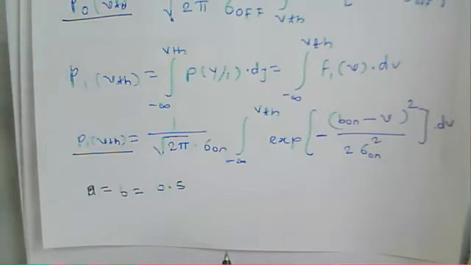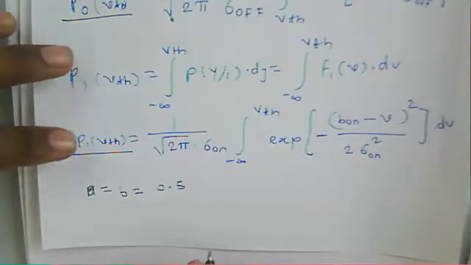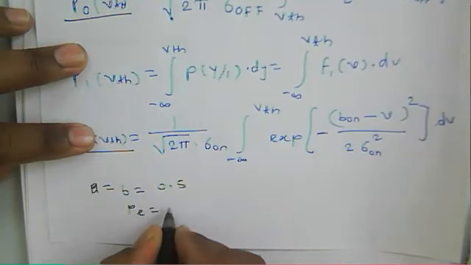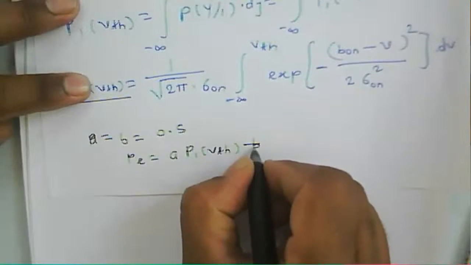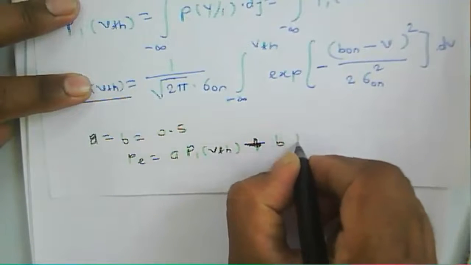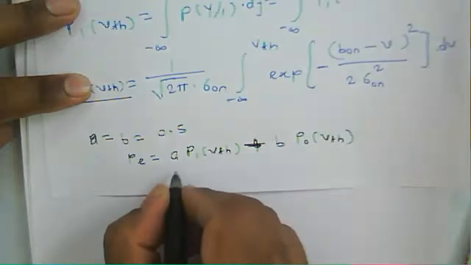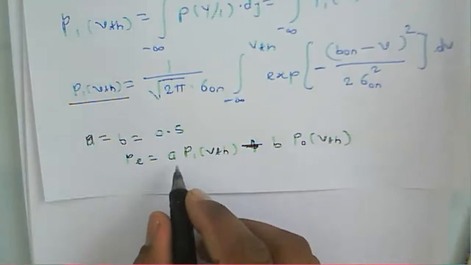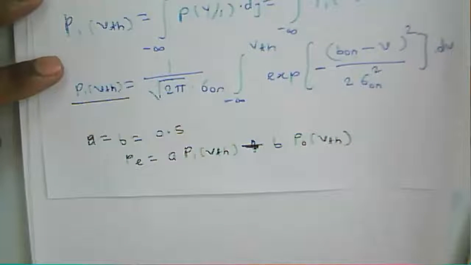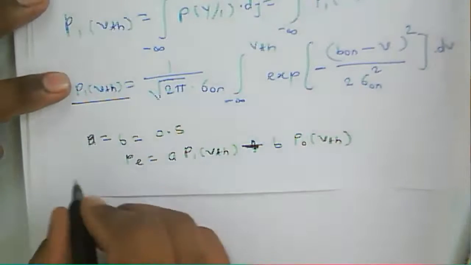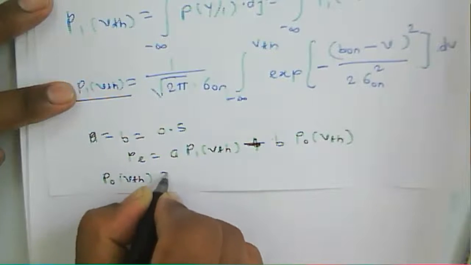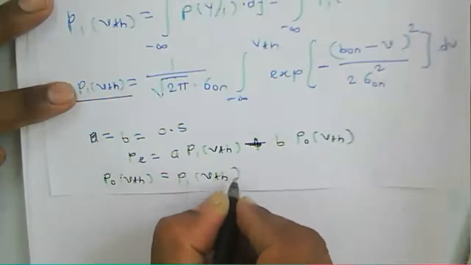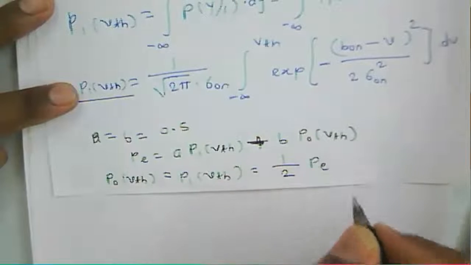Then P is equal to A P1 of VTH plus B P0 of VTH. Now in this equation, with A and B equal to 0.5, we can write that P0 of VTH is equal to P1 of VTH is equal to 1 by 2 PE.